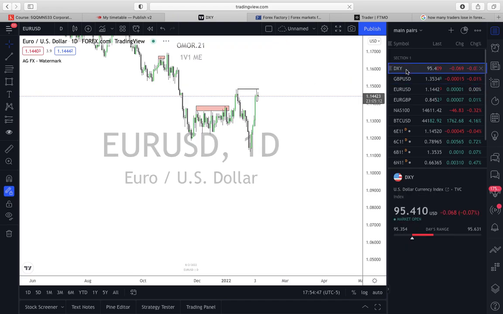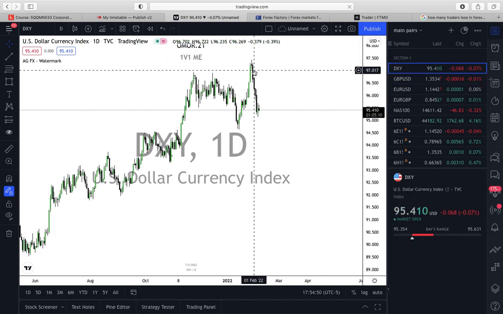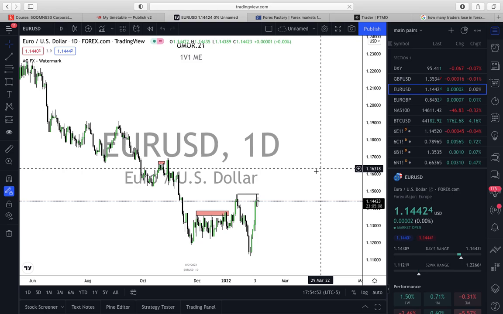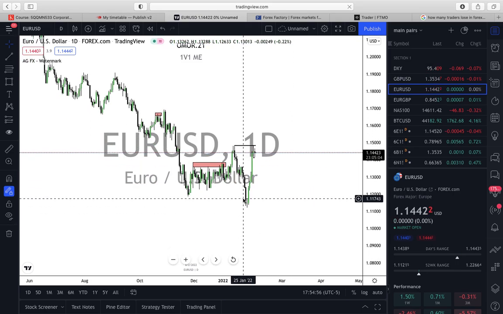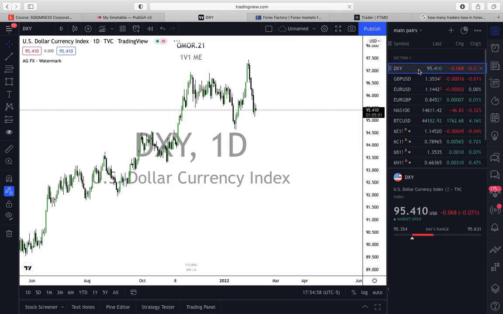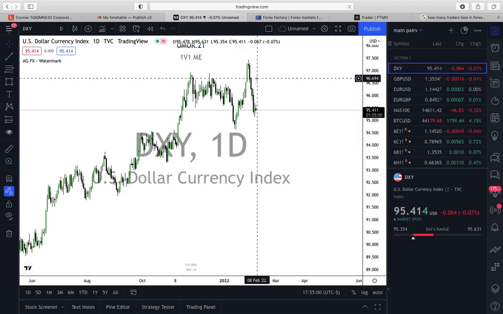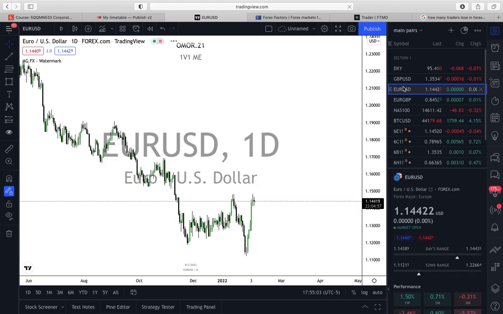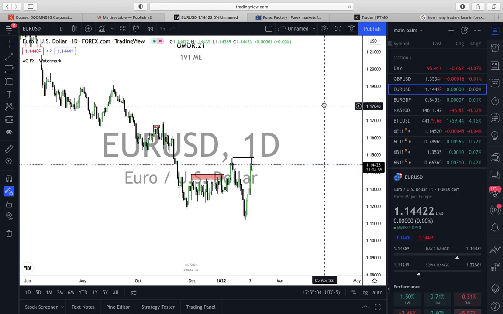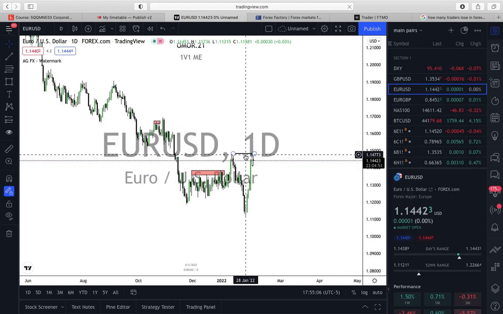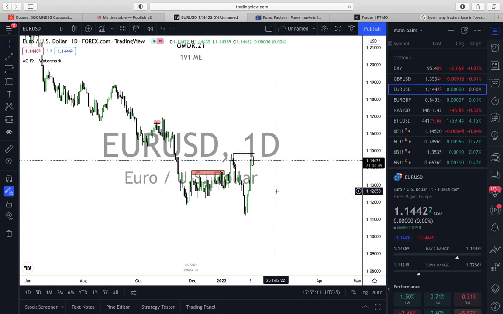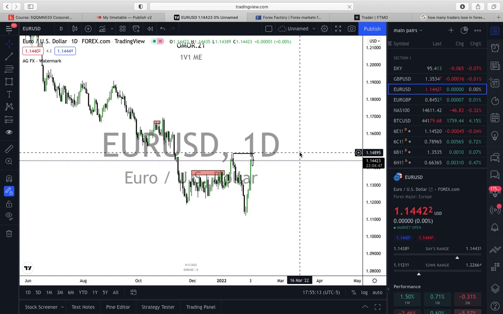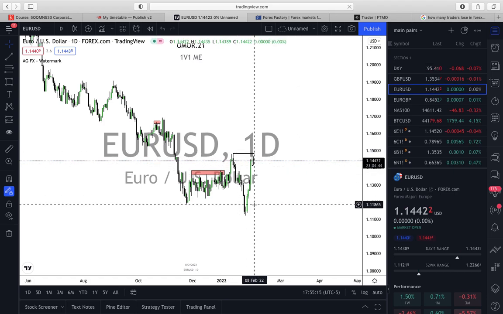If the DXY goes up, Euro USD goes down. And why? Because if the DXY goes up, the dollar is strong. Euro USD looks at the euro against the dollar. So if the dollar goes up, Euro USD will go down.